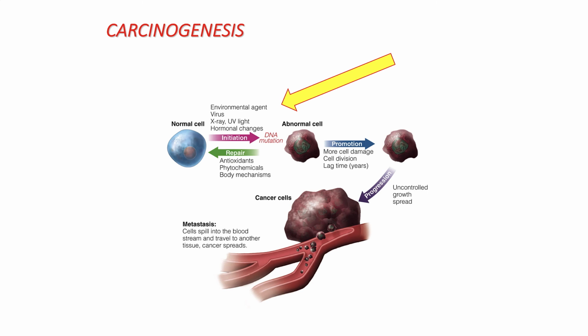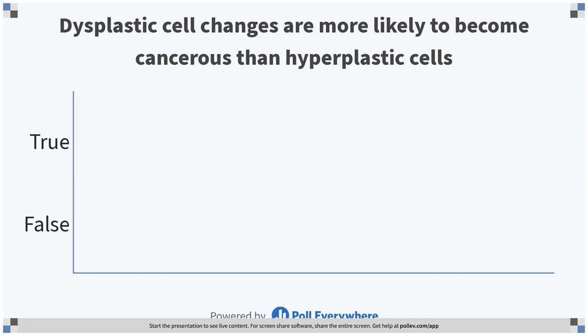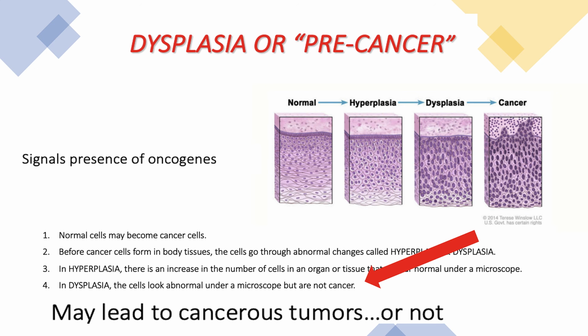Dysplastic cell changes are more likely to become cancerous than hyperplastic cells. This is true. These are the different stages that cells may go through as they become cancerous. A normal cell may experience hyperplasia, which means that it increases in number.